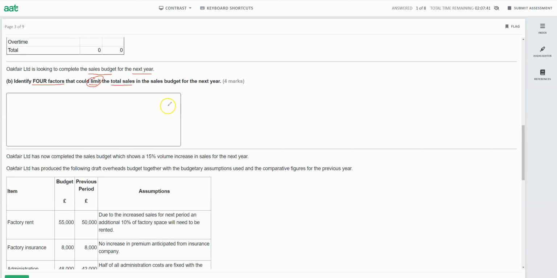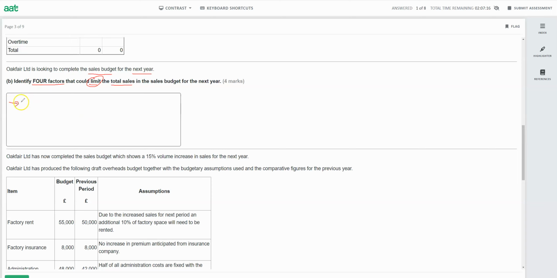So again, it is all assumption. The budget is based on assumption, and this is also my assumption. We need to say maybe because of this reason the sales demand or the sales budget will not be fulfilled. So we need to say there are a variety of factors that could limit the overall sales demand. We need to say only 4 factors.